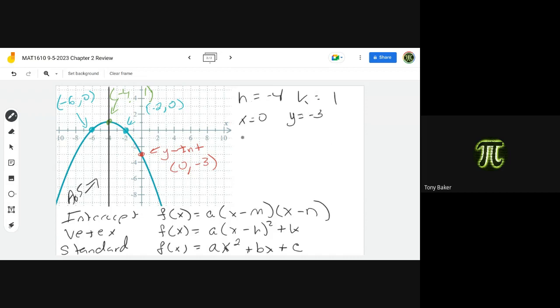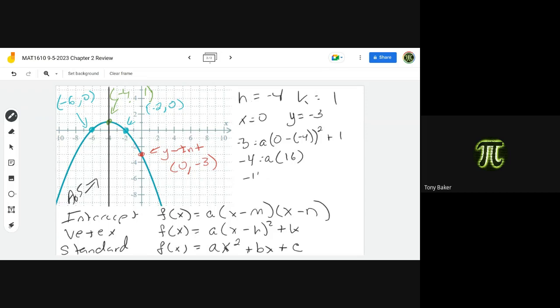So we'll plug all that into my vertex form. -3 equals a times (0 minus -4) squared plus 1. So I can subtract the 1 over, so I get -4 equals a times 16, because we have +4 squared, 16.